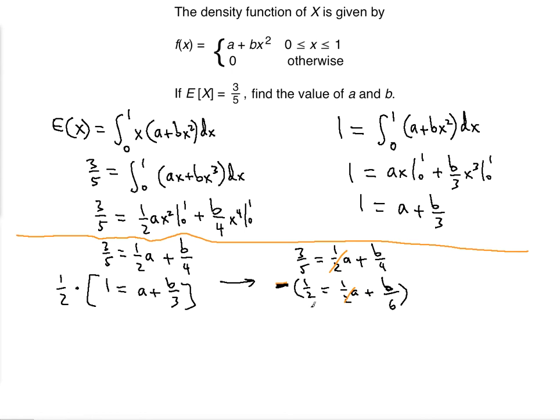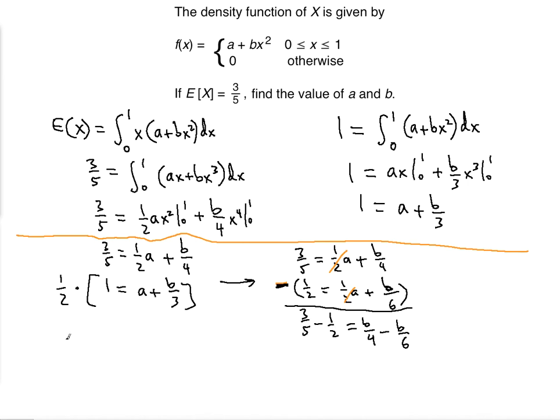Basically what we'll have is 3/5 minus 1/2 is equal to 1/2 a minus 1/2 a, 0, beautiful, b over 4 minus b over 6. Now as you can see only the b constant remains, so we can solve for b, and then we can use this equation, which is easy, to solve for a. So what is this equal to? The least common multiple is going to be 10.